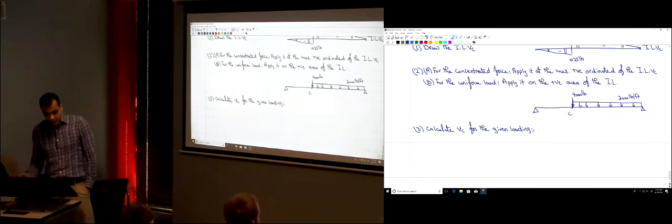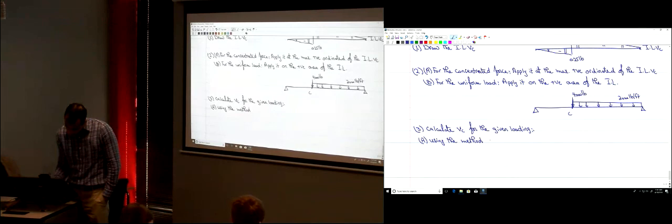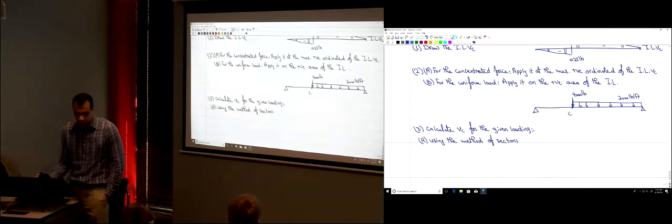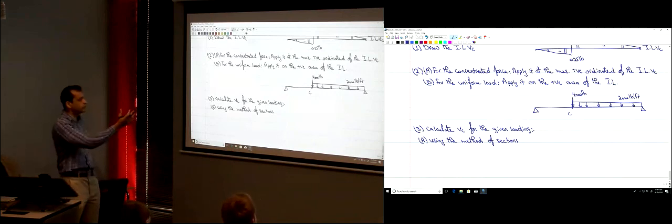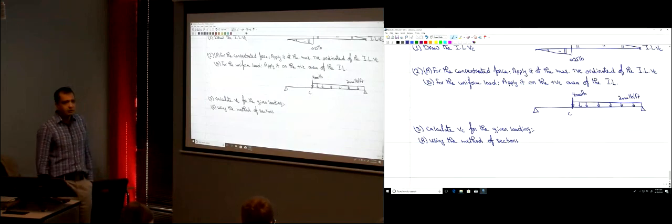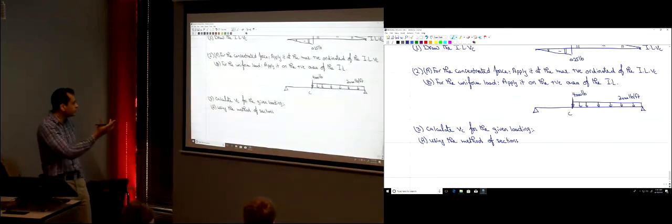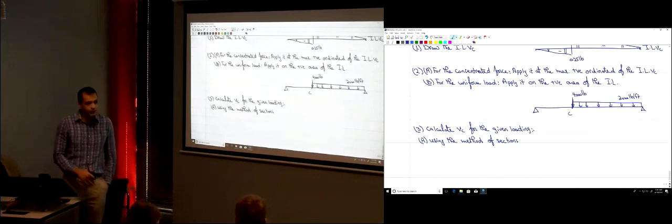The first is using the method of sections. You have a beam with that loading, you want to find VC, take a section at point C and find VC. Or draw the shear force diagram and find how much is VC. You already know the loading, so find the shear at that point.